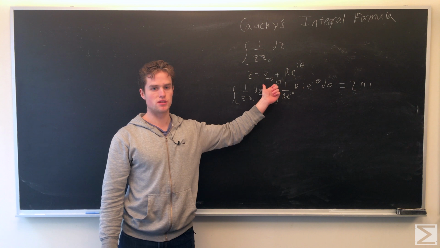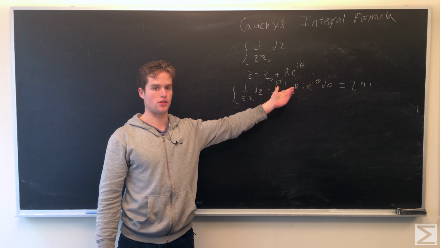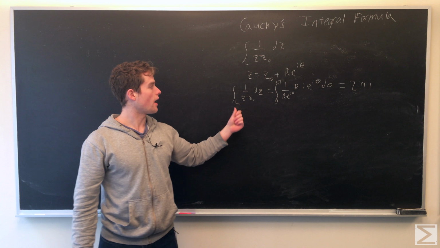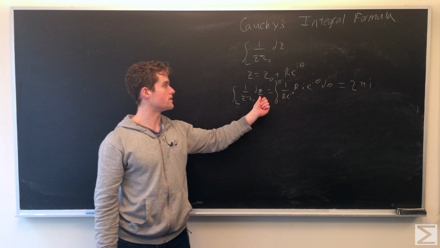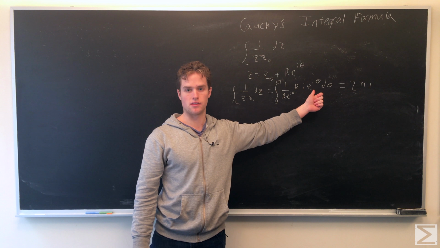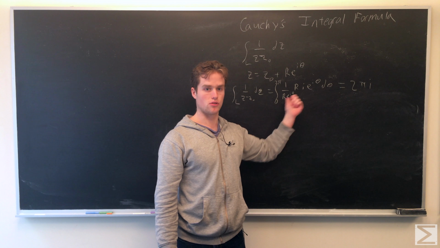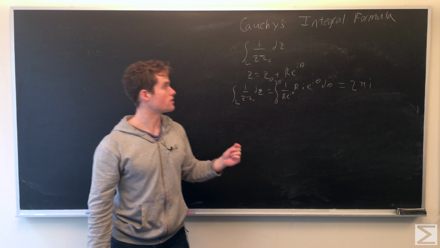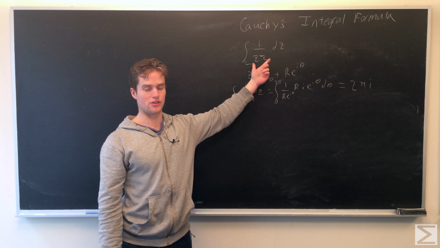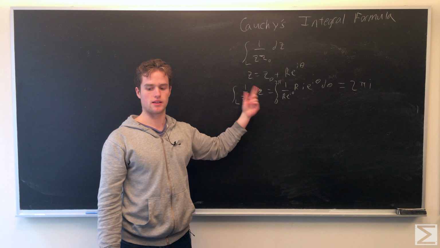So plugging in z equals z naught plus r e^(i theta) to parameterize our curve in terms of theta, we'll see this simplifies to z minus z naught just r e^(i theta). dz is r i e^(i theta) d theta. This whole thing just becomes the integral from 0 to 2 pi of i d theta, which is just 2 pi i. So that's a quick showing that this integral is in fact 2 pi i over any circle centered at z naught.